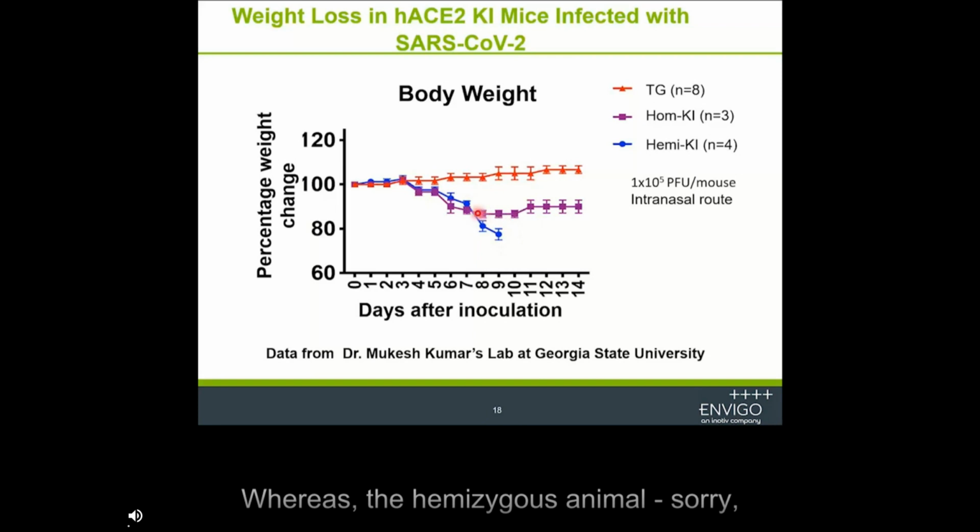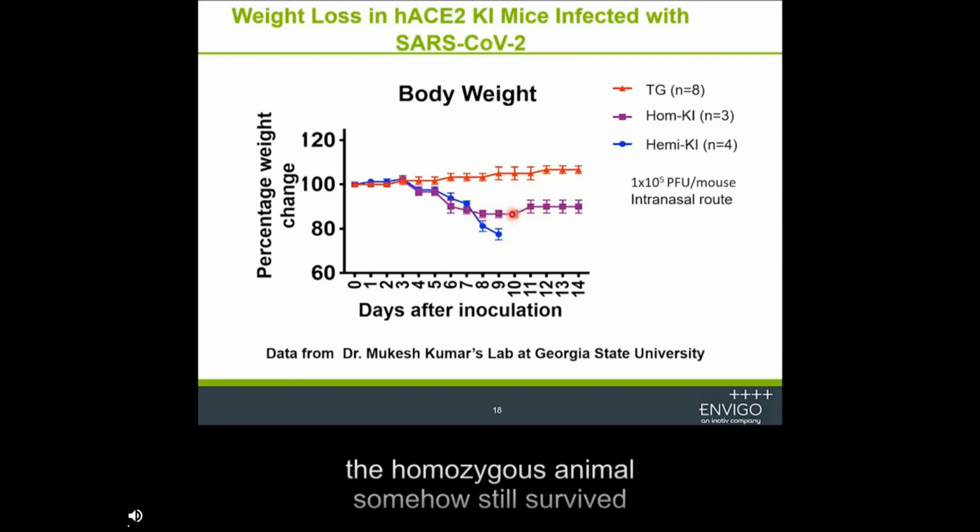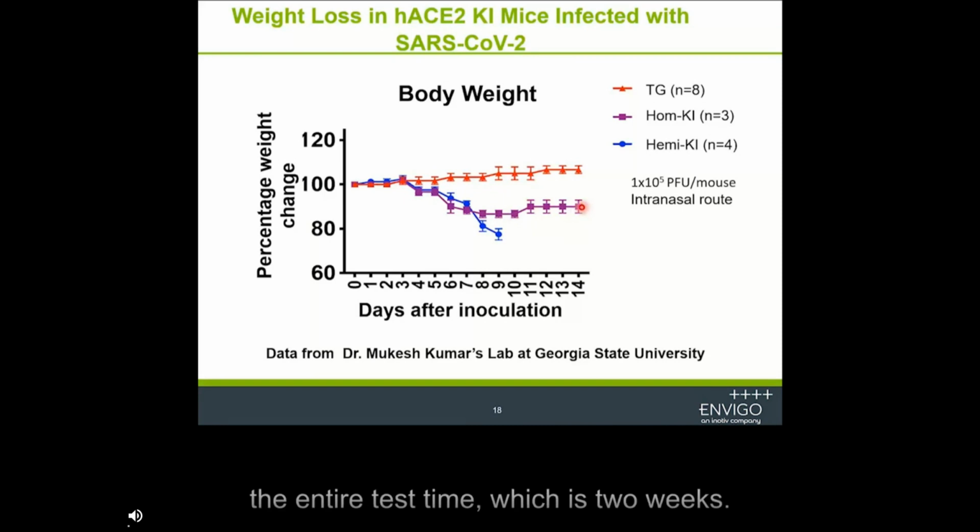Whereas the homozygous animals somehow still survived the entire test time, which is 2 weeks. In contrast, the transgenic line did not show any significant weight loss. Instead, it shows a slight increase, probably because of the age increase.